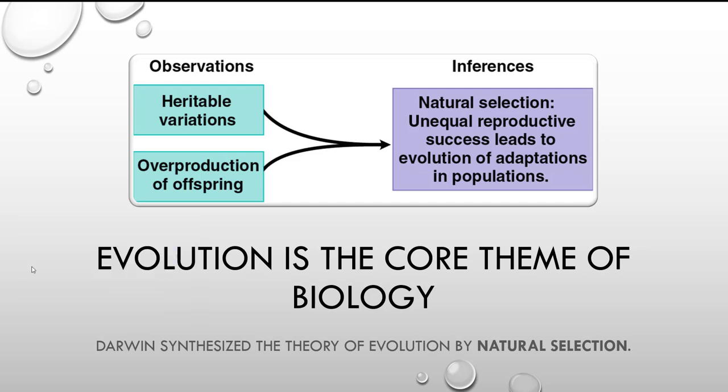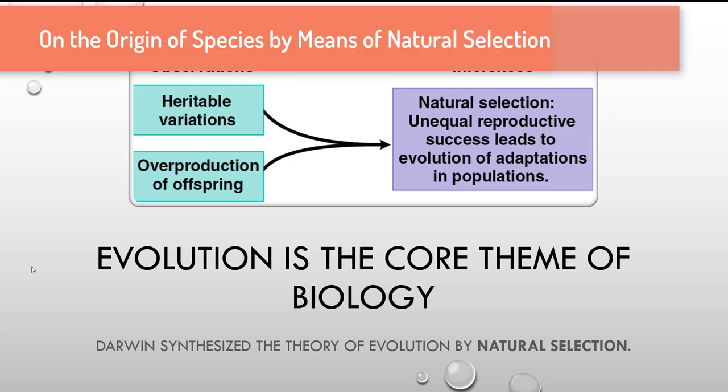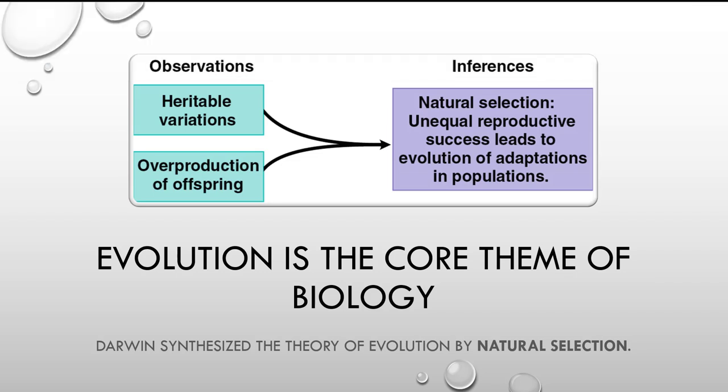There were others involved in coming up with this theory, but he was the one that published On the Origin of Species by means of natural selection. I can't remember off the top of my head, but I believe it came out in 1865, something like that.